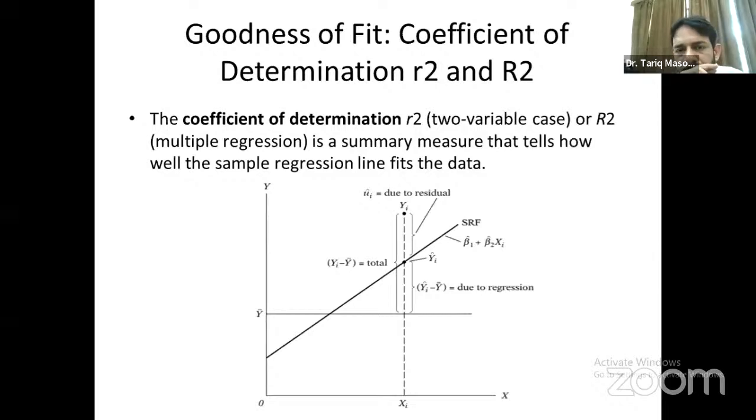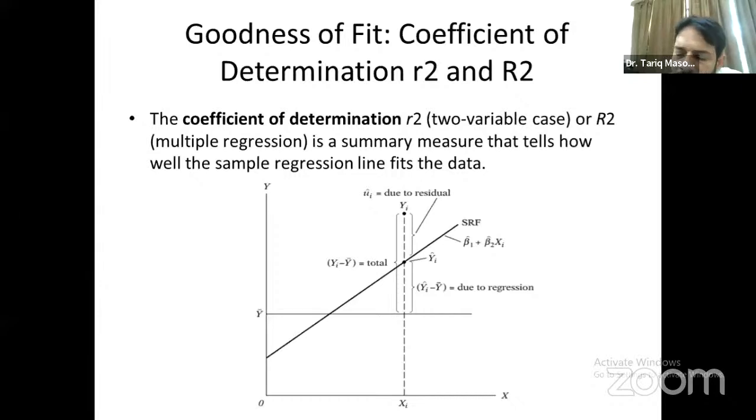Now the next thing that we do, once you have the estimated values, is judge the goodness of fit of the model, whether our estimated model is good or not. Okay, so for that we use two things. One is the goodness of fit of the model, which is known as R square and capital R square, and then we move towards formal hypothesis testing.